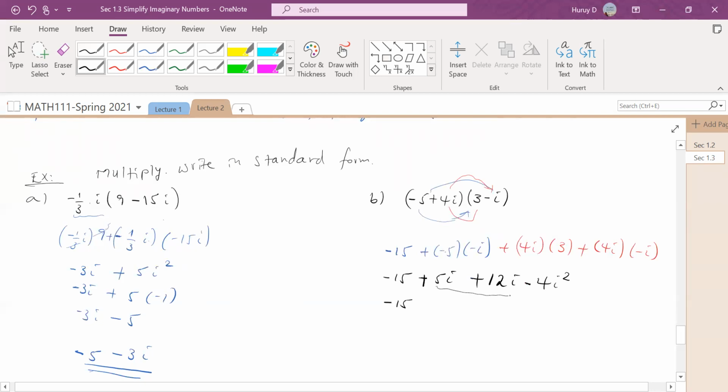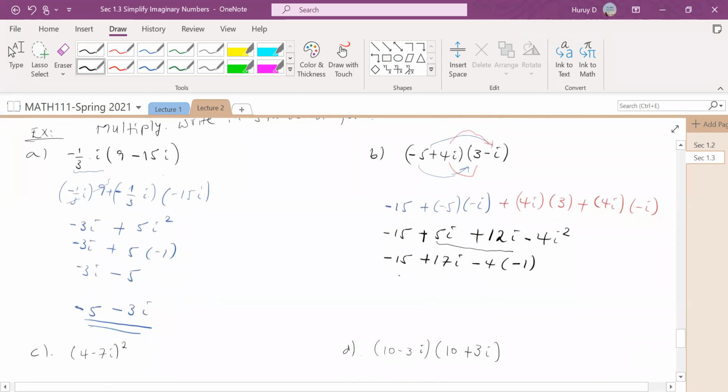Okay, now I have -15. Now we can add these because they both have i, so they are 17i. And how about this? What is i squared? Well, i squared is -1, so I can replace i squared by -1, because it's a real number. And this is -15 plus 17i plus 4.